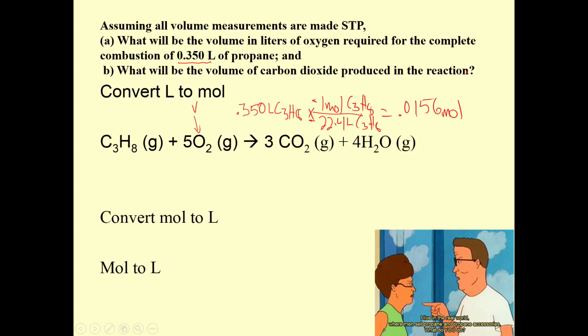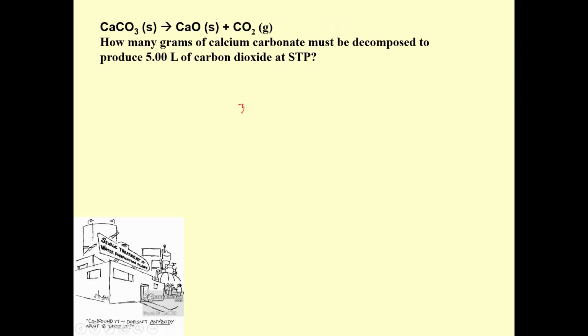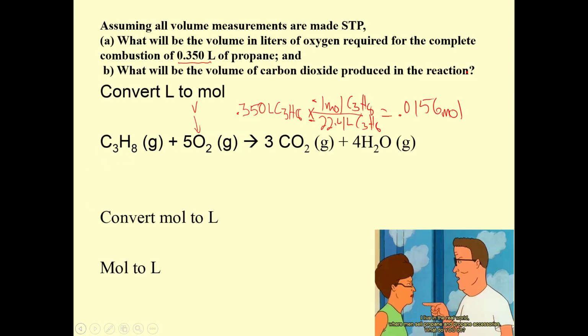All right, so now I have to do an ICE diagram for this to figure out the liters of oxygen required. So I have 0.0156, and I have 5 moles of O2. What I have to do, it takes 5 moles of O2 for every 1 mole of propane. So I'm going to take 0.0156 times 5.